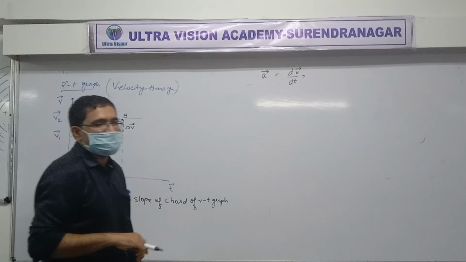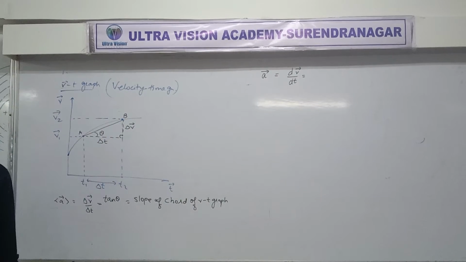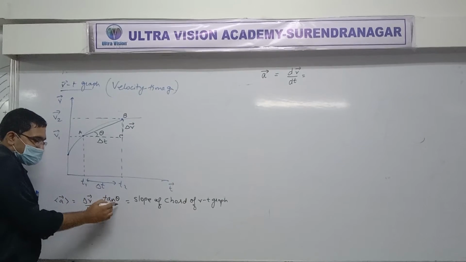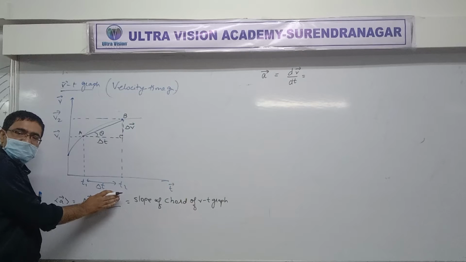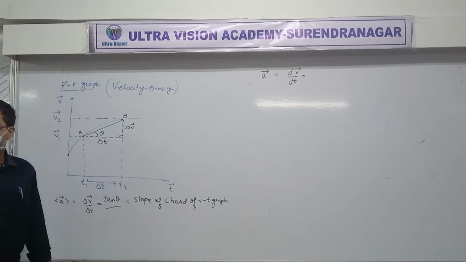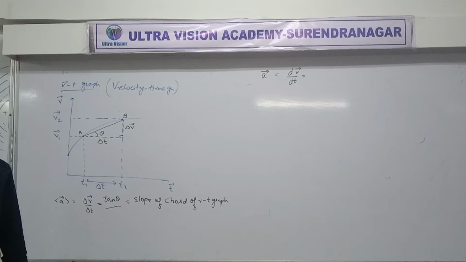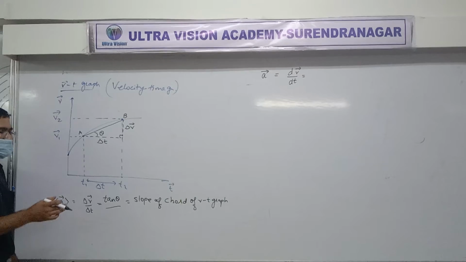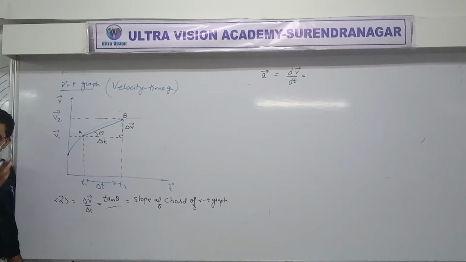Then what do you think will happen when we try to use this graph? It will be tan theta, but what will be there? It will be the slope of the tangent. Again, same story. Think about the XT graph, average velocity and instantaneous velocity.